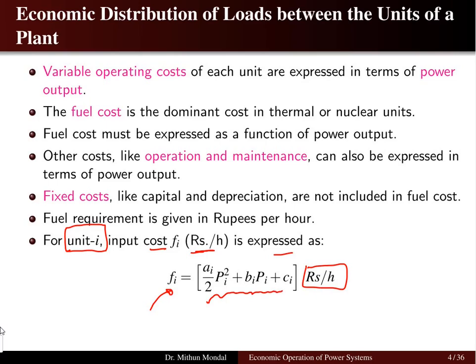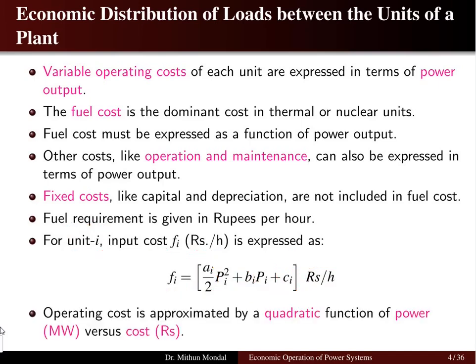So we have a_i/2 P_i² + b_i P_i + c_i. These are constants, and we have a second order quadratic equation. The operating cost is approximated by a quadratic function of power, with power in megawatts versus the cost in rupees.